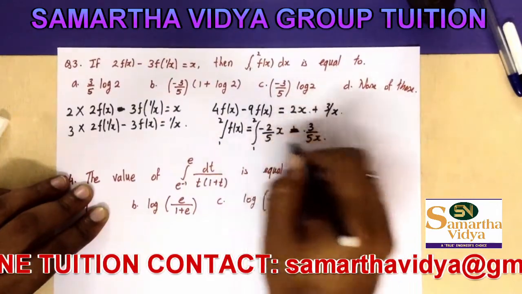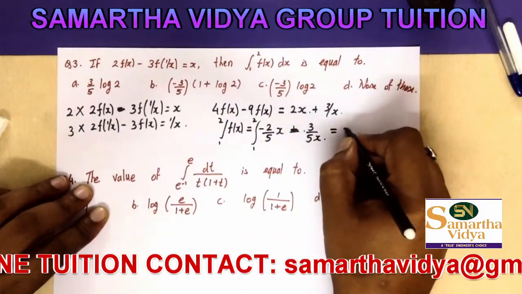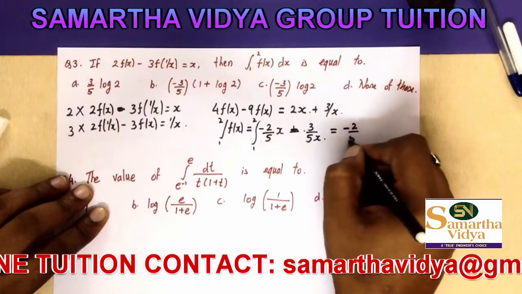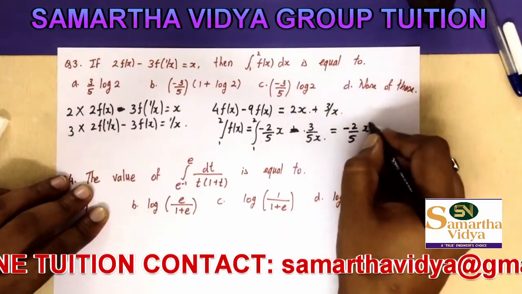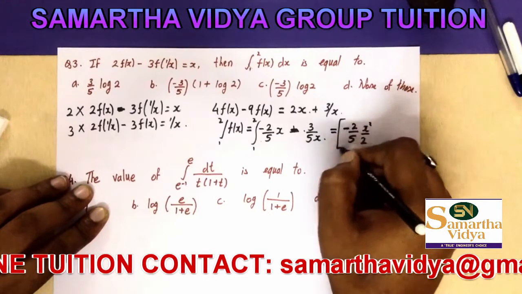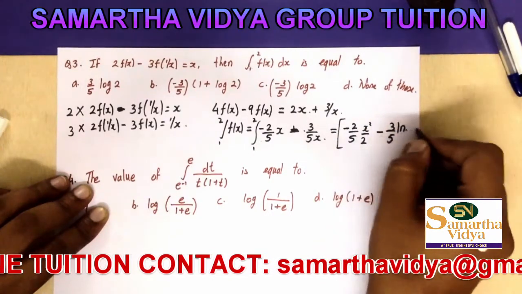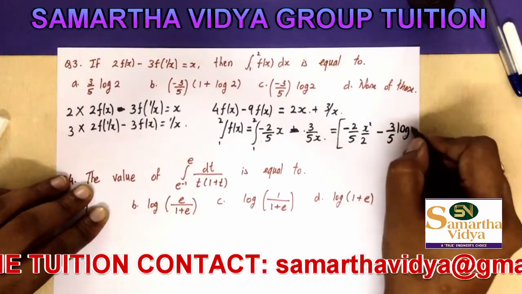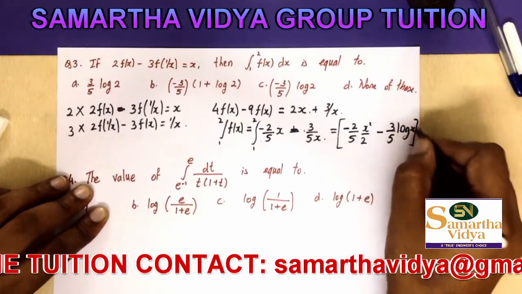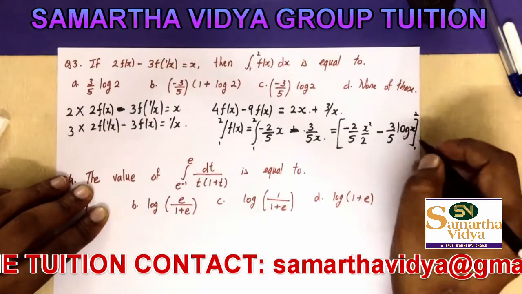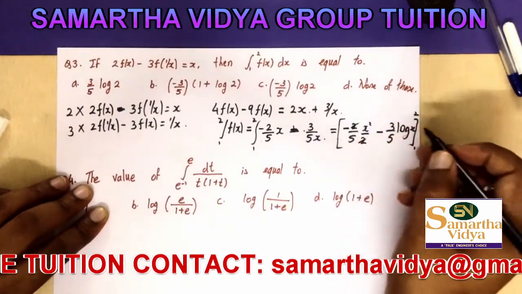Integration of this is nothing but going to be minus 2 by 5, we know this is x square by 2, minus 3 by 5 log x. So the limits now need to be substituted, so we just simplify it a little bit.